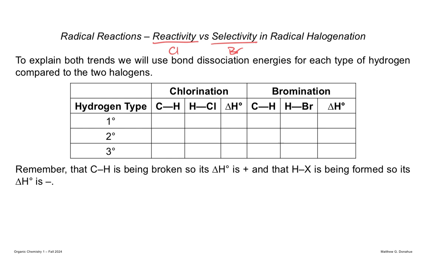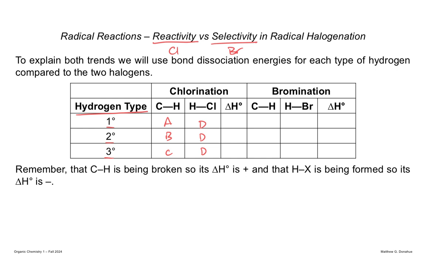The way it's set up is you have your hydrogen type, primary, secondary, tertiary. So these will be different values, say A, B, and C. And then the HCl value is the same going down that column. So like D, D, and D. And then the third column, we're just adding the numbers together.